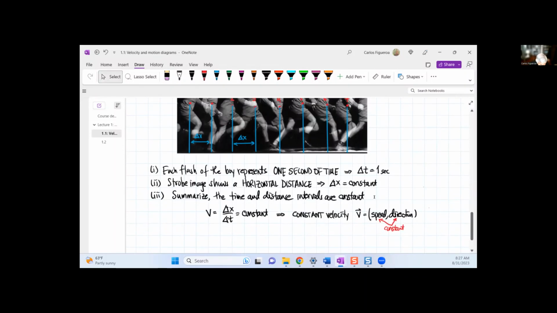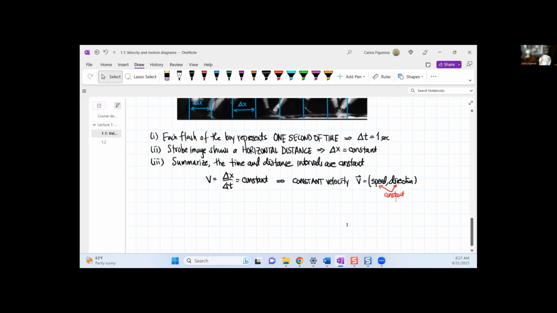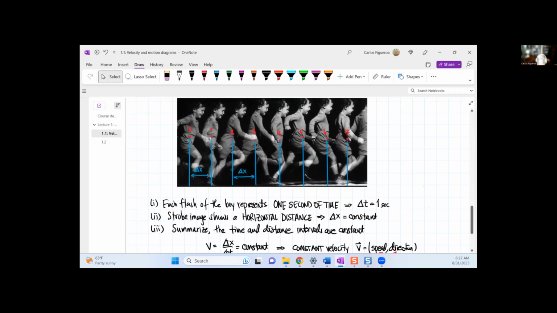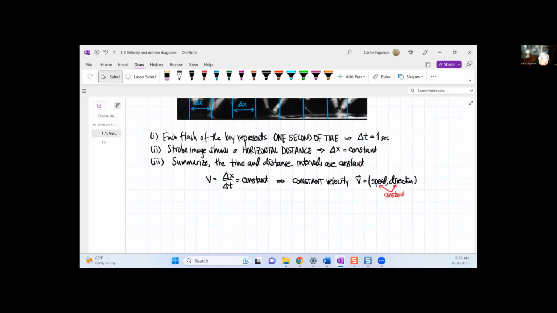This immediately tells us that with constant velocity, the dots that we've drawn are equally spaced. I won't write that down now, but I will write it down as I start to look at the different situations of velocity here.